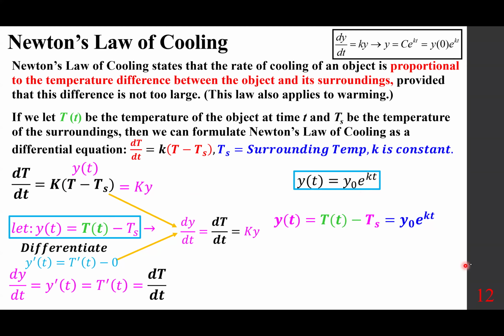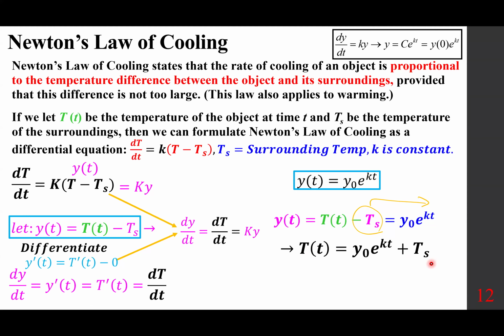All right. And so if I move the T sub s and make it positive on the other side, I get the formula for T of t. Capital T of t is y sub 0 e to the power of kt plus T sub s. So their difference is just a constant.